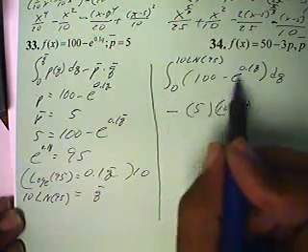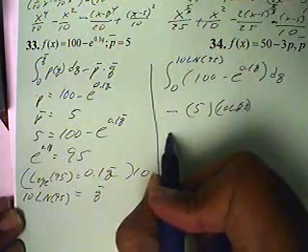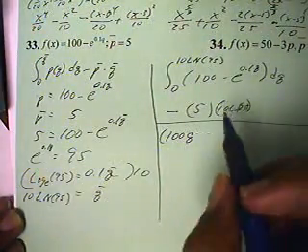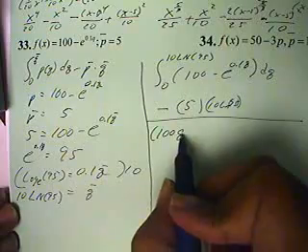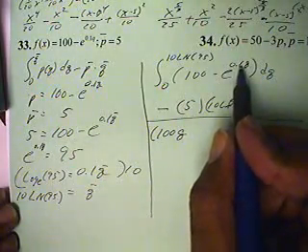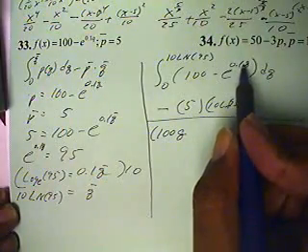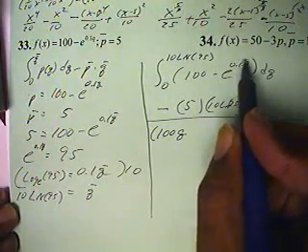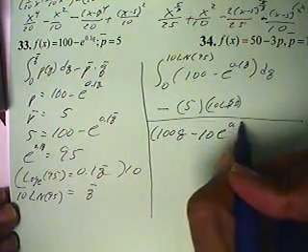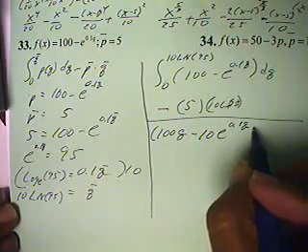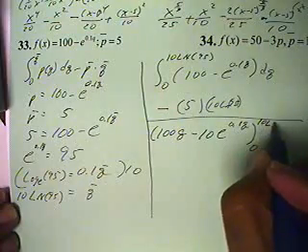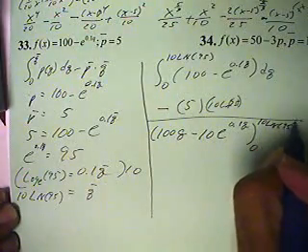Alright, so the antiderivative of this will be 100Q, and the derivative of the exponent is 0.1, and 0.1 is the same thing as 1/10, and the reciprocal of 1/10 is 10, so it'll be 10 e to the 0.1 Q power, and this will be evaluated from 0 to 10 natural log of 95.